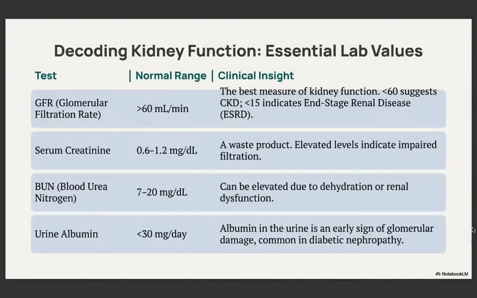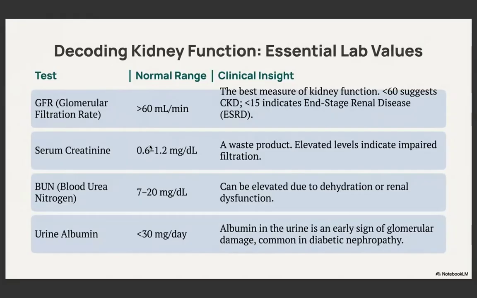Here are some of the really, really big kidney functions or kidney labs to remember. We have our creatinine, urine albumin. Another one that you might see is something called UACR. That's your albumin creatinine ratio in the urine. Your eGFR.